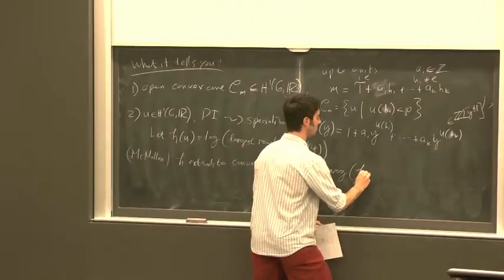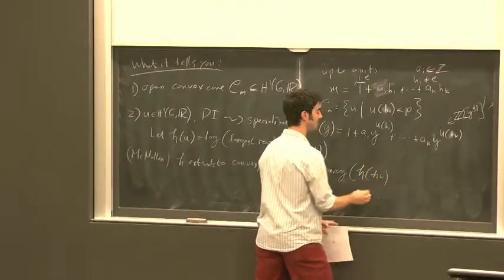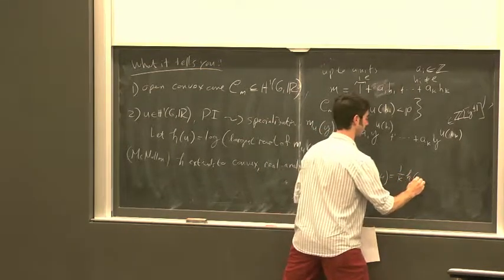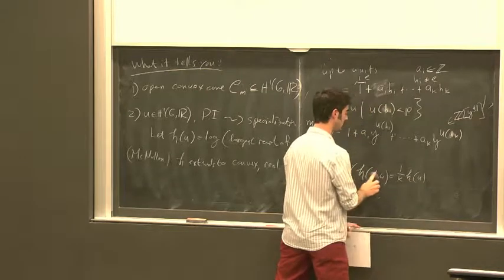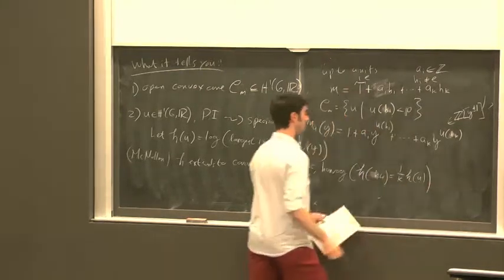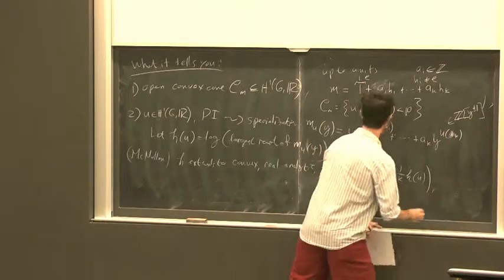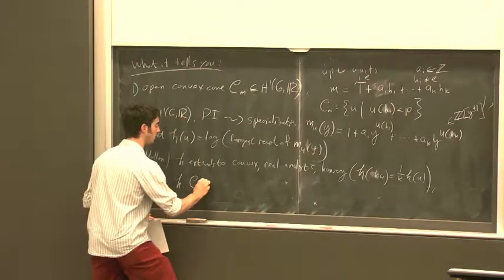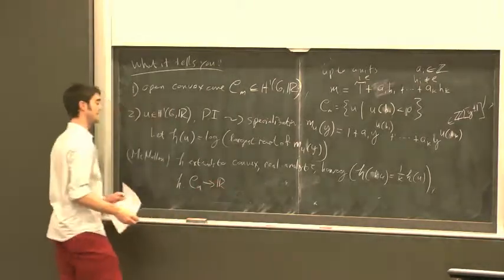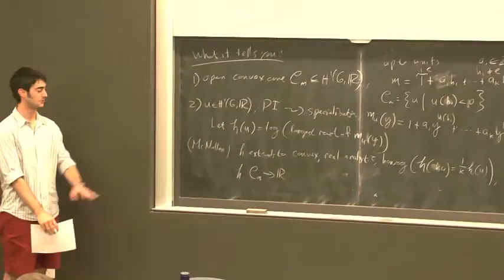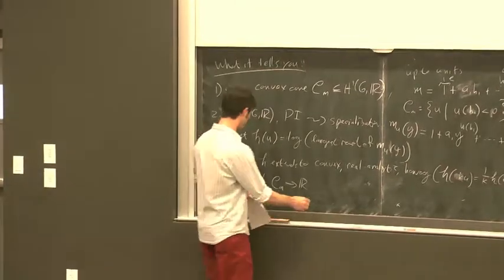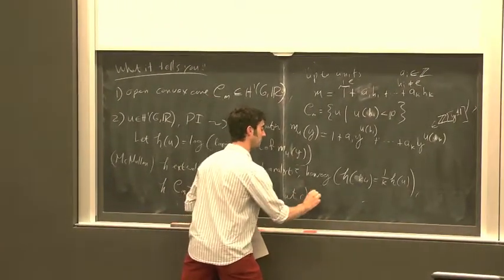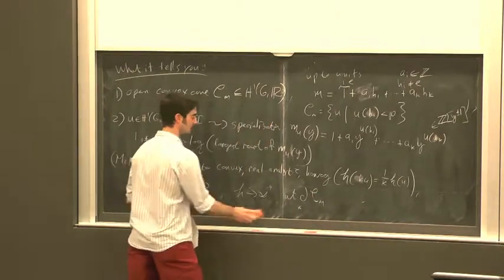The homogeneity here is the following: if I take k times something, that gets pulled out as 1 over k. So that's a homogeneous function on the cone. It extends to the whole cone, and it is very nice. So they're tied together this way. And also, h goes to infinity at the boundary of the cone.